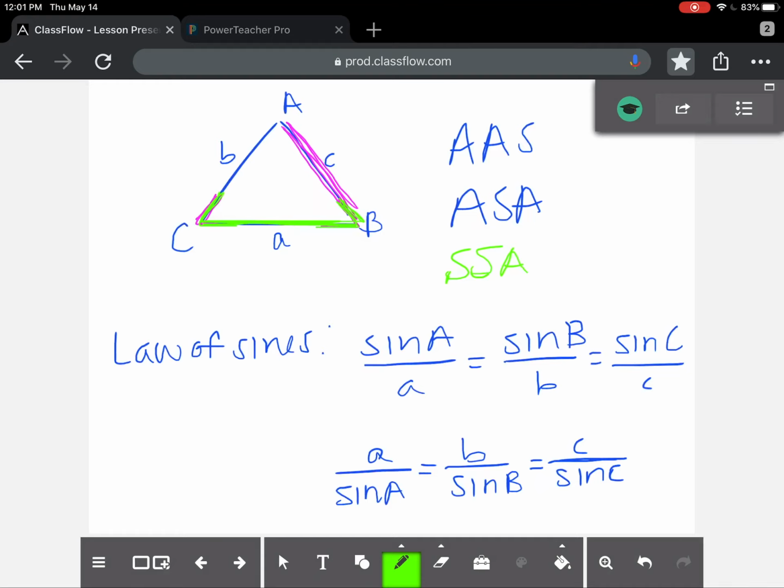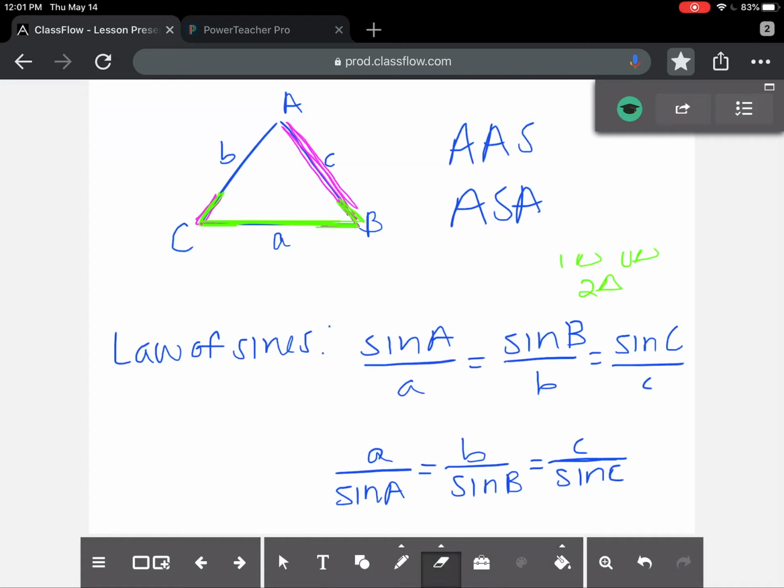You can also use them for SSA triangles, but if you look ahead in the notes, that is the ambiguous case. So we're actually not going to do many SSA triangles, and we're certainly not going to do the ambiguous case here. You will do it in pre-calc though.